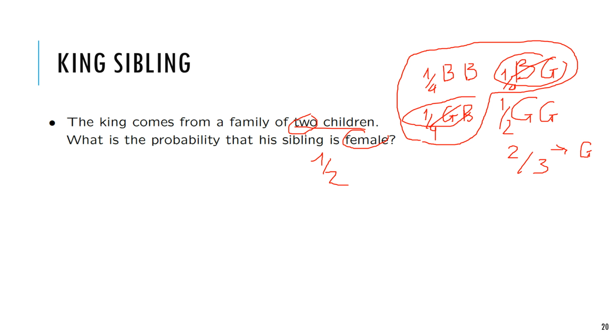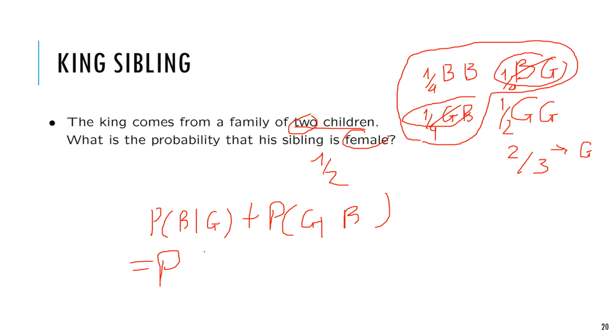So we can see that his sibling being female is the probability of boy-girl plus the probability of girl-boy, which is one and a half.